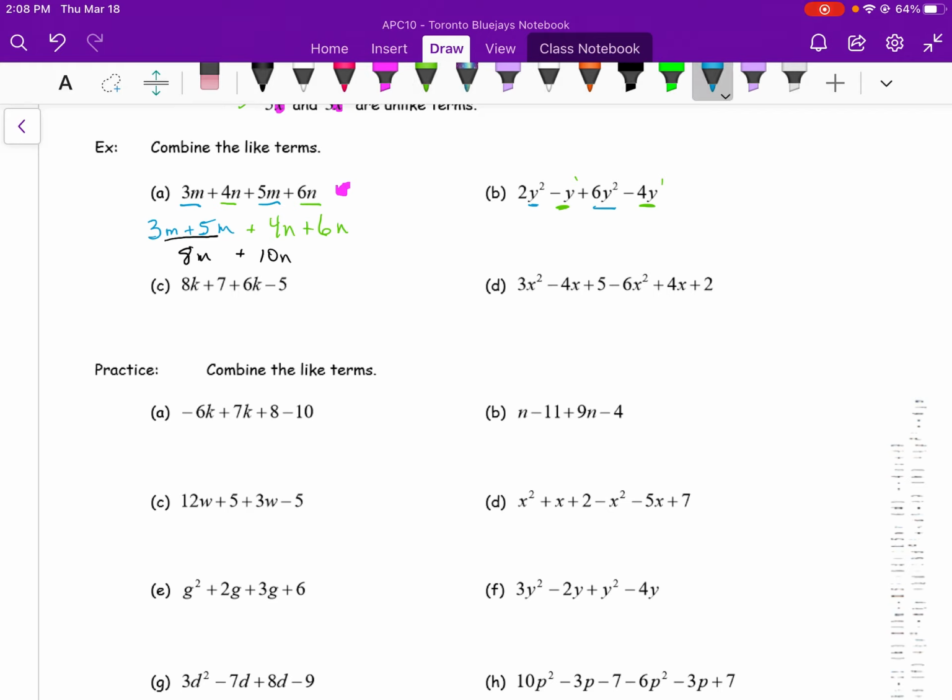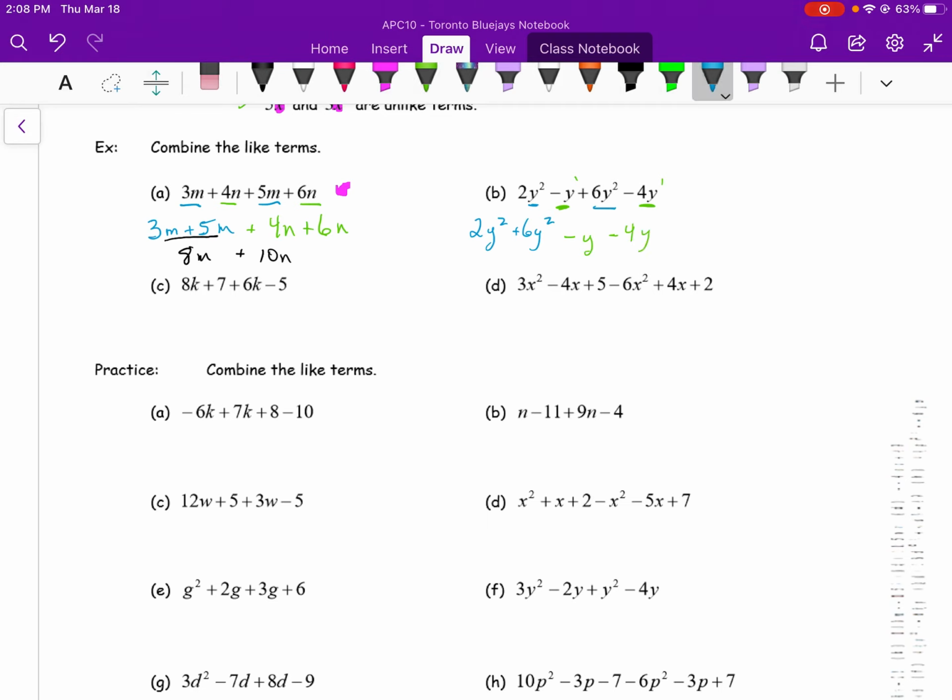So I'm just going to stick my like terms together. So 2y squared plus 6y squared. Make sure I have written down those. Those were my blue terms, or my y squared terms. Minus y minus 4y.